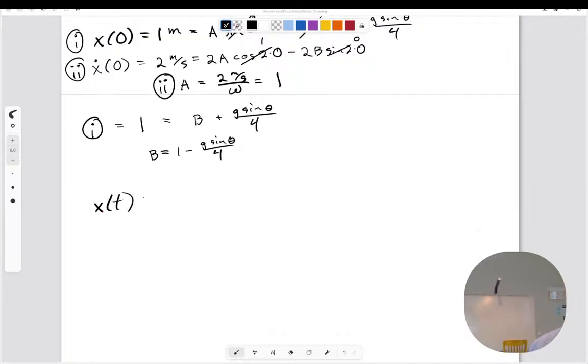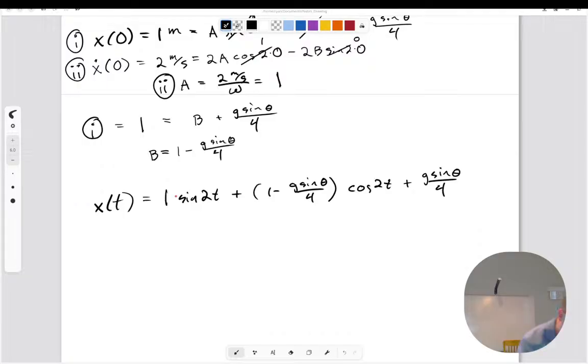Now we have our final solution, because we know that it's 1 times sine 2t plus 1 minus g sine theta over 4 cosine 2t plus g sine theta over 4.